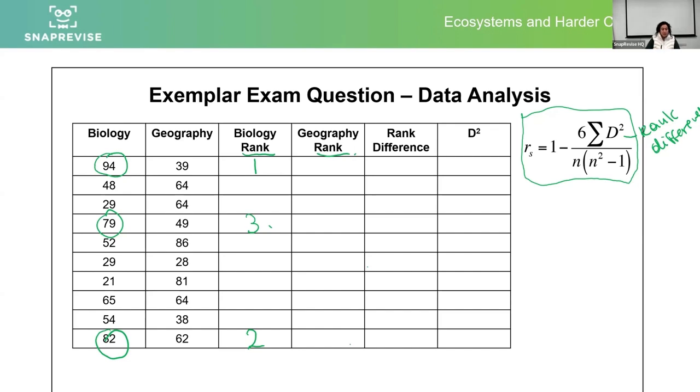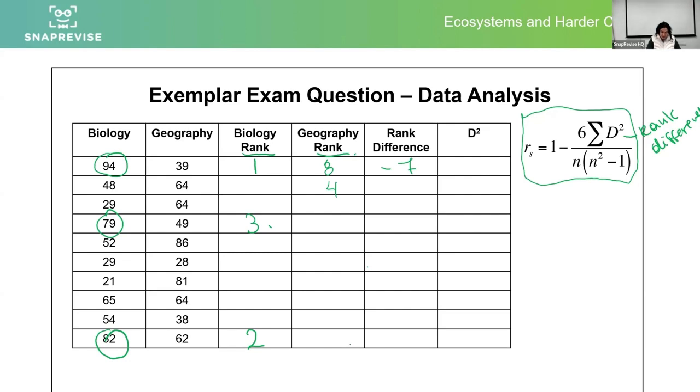I will then do the same for the geography rank, and then I'm going to subtract. So for example, the geography rank here is 8. 39 is the 8th biggest value. This is the 4th biggest value. And then I will subtract one from the other. So if I subtract 8 from 1, I get -7.